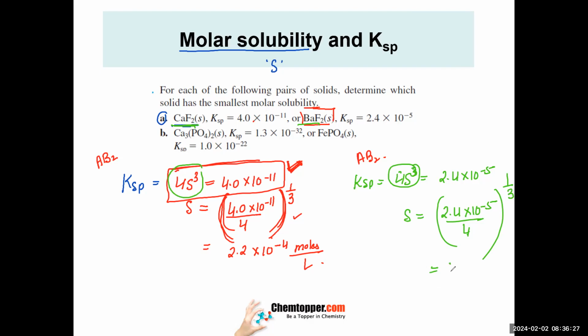So which one is more soluble? 0.018. Let's put it in scientific notation. 1.8 times 10 raised to power minus 2 moles per liter or molarity. Or you can write molarity like this. Which one is more soluble? Compare their solubilities.